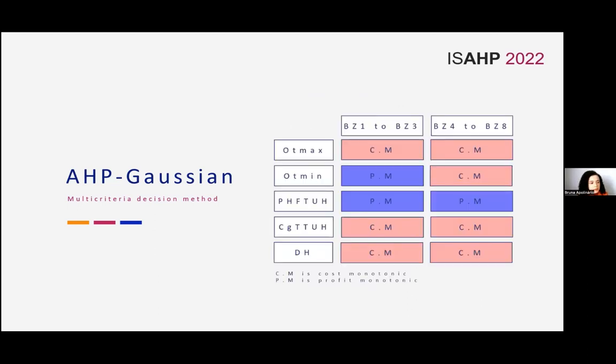Because the analysis was performed for cities with different climates, some criteria had different definitions. For the minimum operative temperatures for cities in zone 1 to 3, the values were profit monotonic, while for cities in zone 4 to 8, they were cost monotonic.